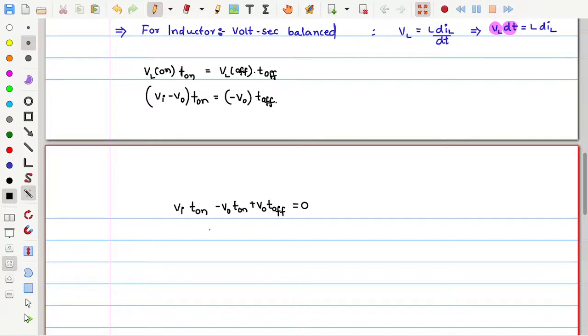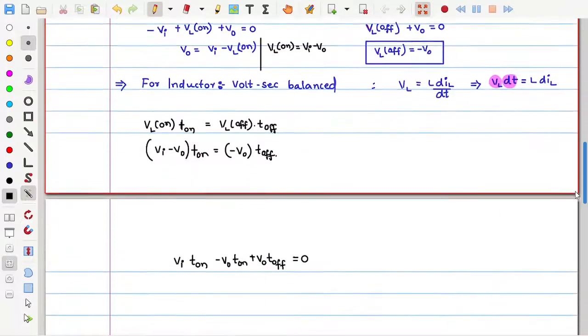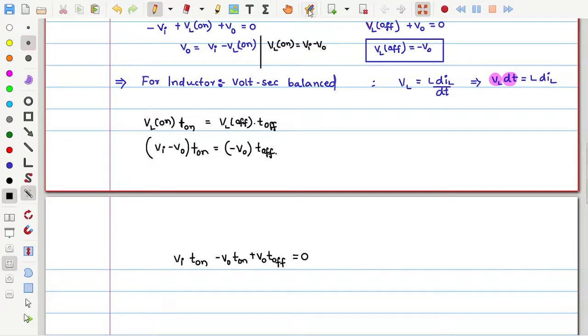Let us see whether I get this properly or not. I think I made a small mistake in the volt second balance. I should look at it in this way, during the positive half cycle and during the negative half cycle, so this negative sign will not be there. You can write it as the on state corresponding thing minus the off state corresponding thing is equal to 0, that is, the energy during the on state is equal to the energy during the off state.